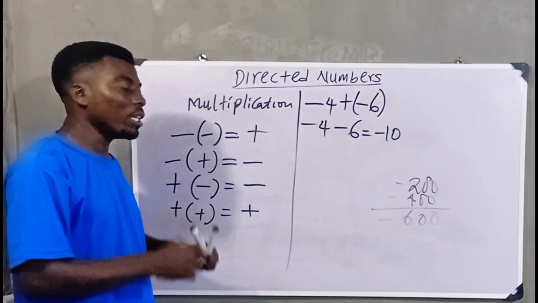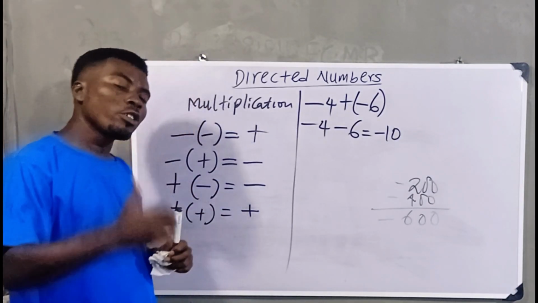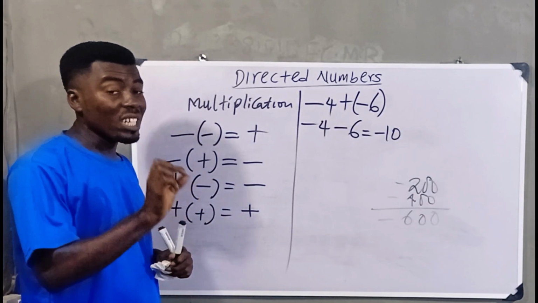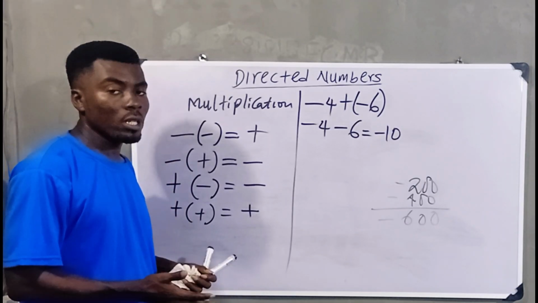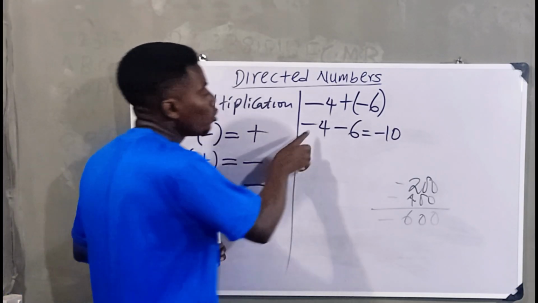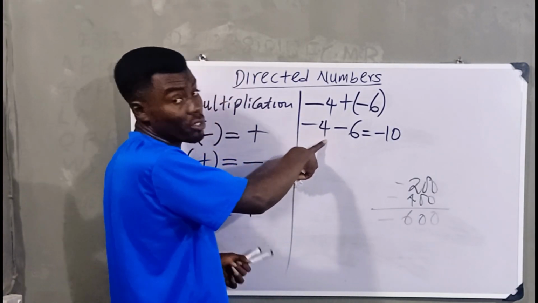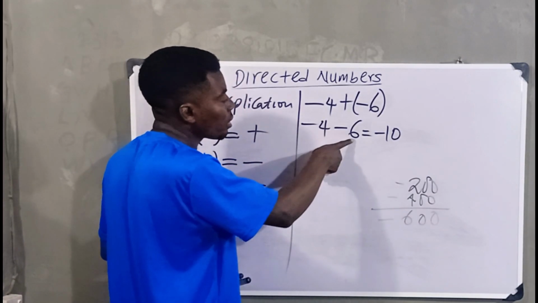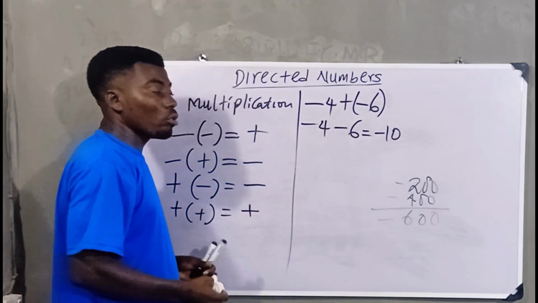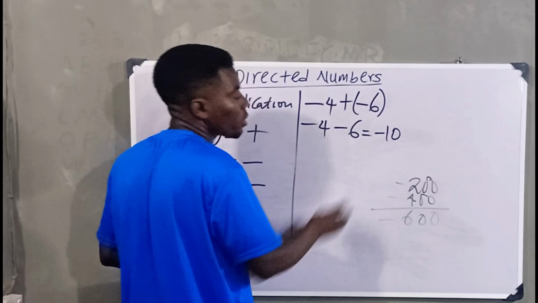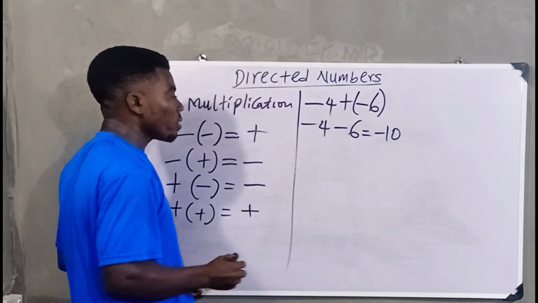And because you are owing, in your account balance you are going to see a negative sign, meaning this is debt. So you are owing somebody 4 naira and you are owing another person 6. In total, you are owing 10.